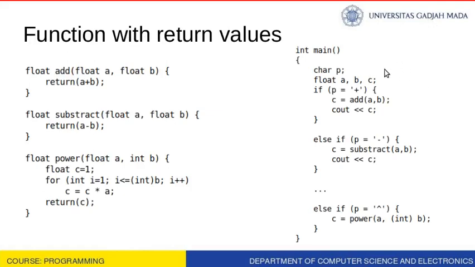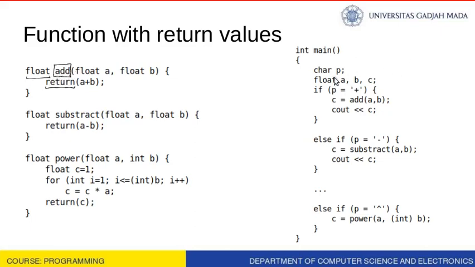So here I have a function with the name add, and it has a written value, which will be the addition of a and b. Therefore this function add will have a data type. So this is the data type of the function add.